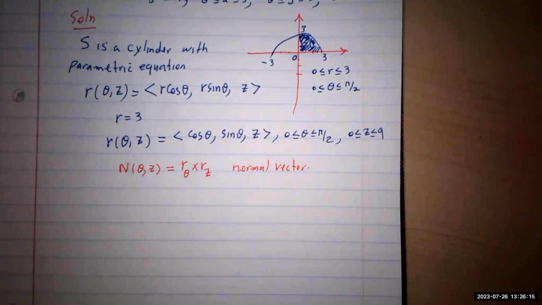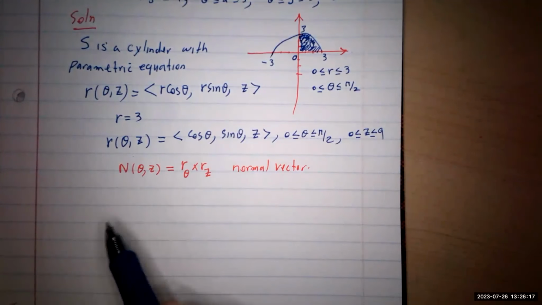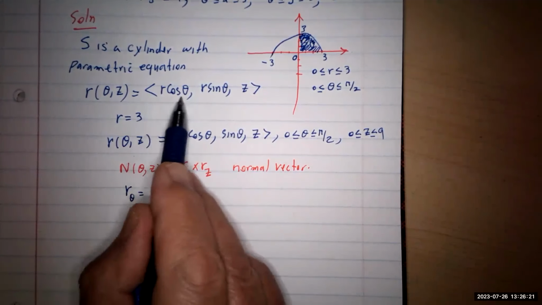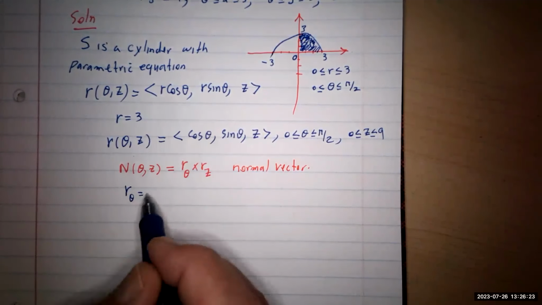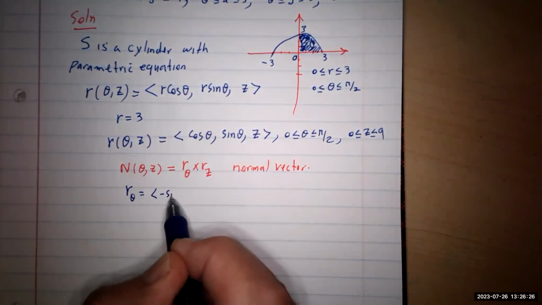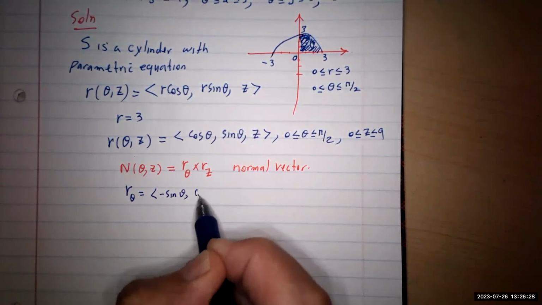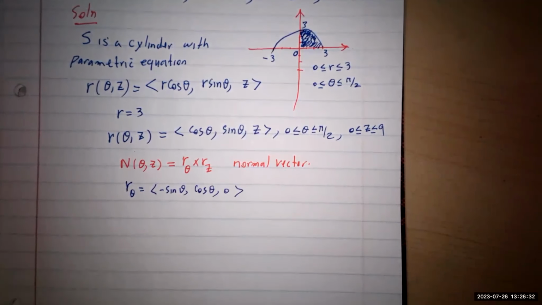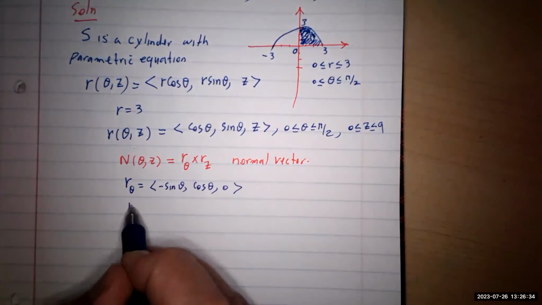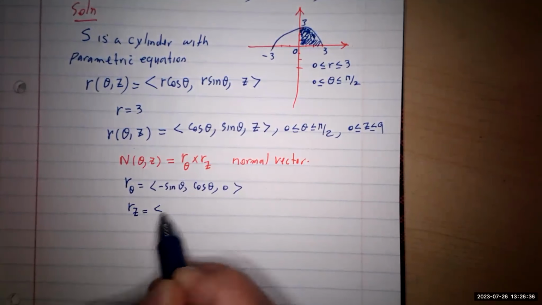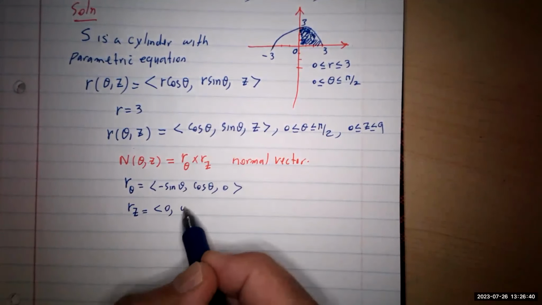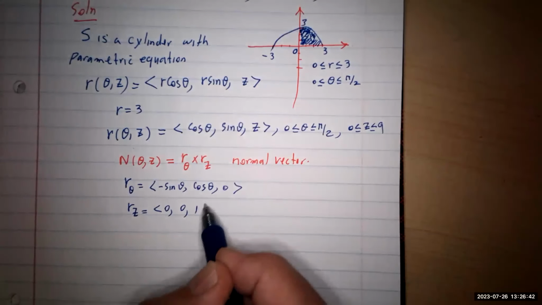So we have to go and find it. r of theta, differentiated with respect to theta, is going to be negative sine theta, cosine theta, 0. Differentiating with respect to z, there is no z here, and the derivative of z is 1.